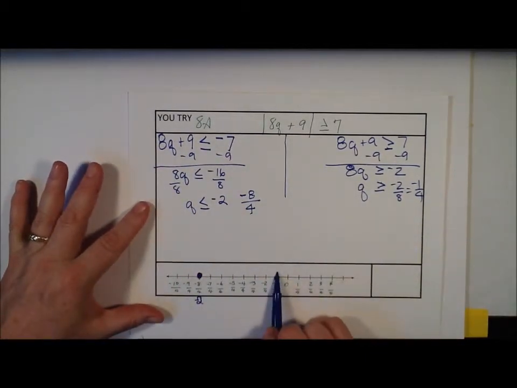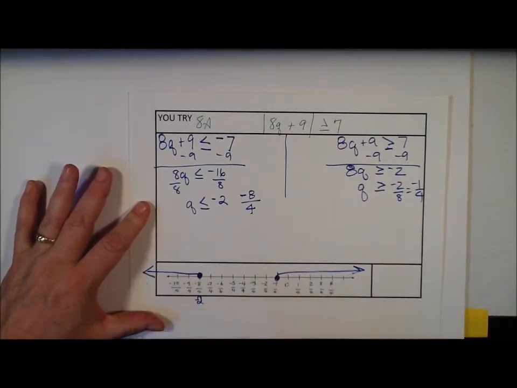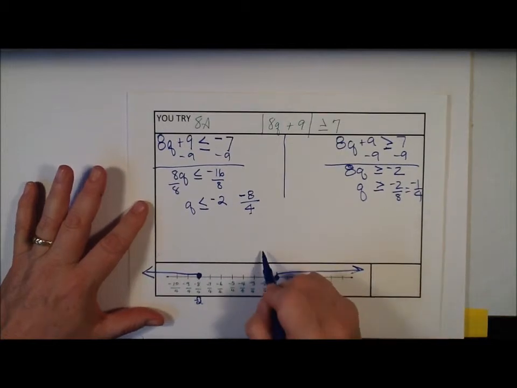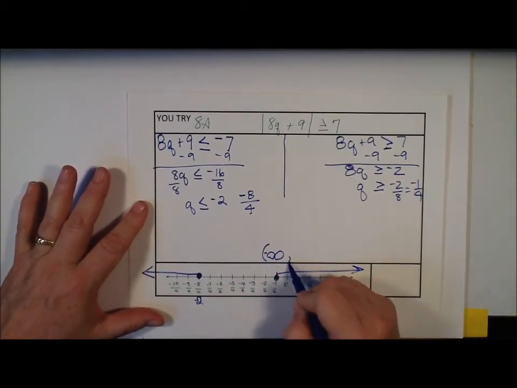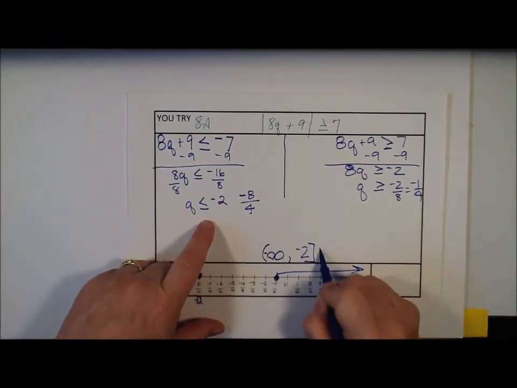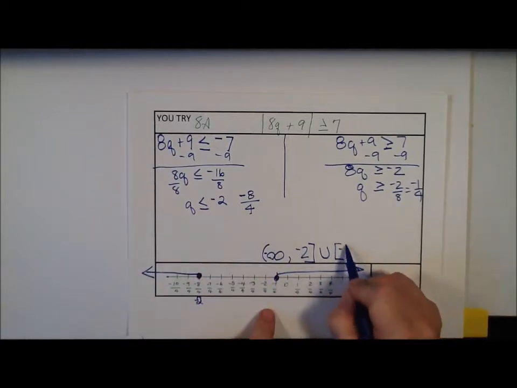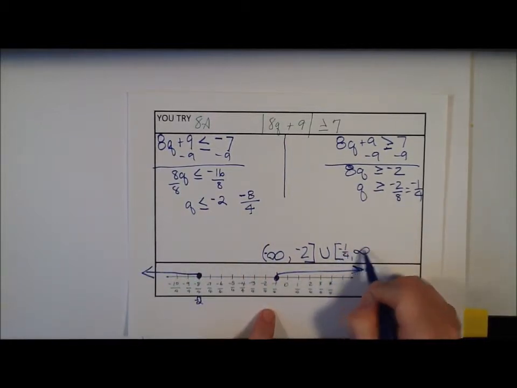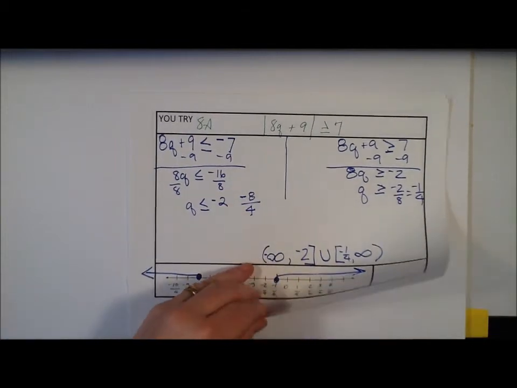So it's any number that's greater than that, and any number that's less than that. That's the solution set. And I'm going to write it like this: parenthesis, -infinity, comma, -2, and that's a less than or equal to, so it's a bracket. The union sign, -1/4, comma, +infinity. So again, that's how that looks. And again, you'll need time to copy that down, so hit the pause button.